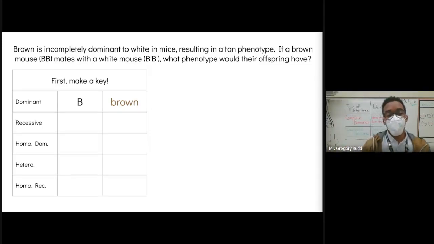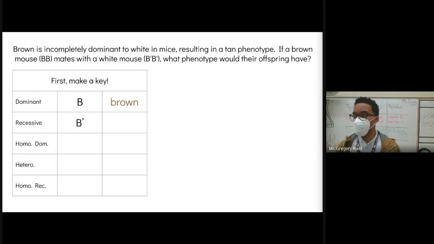Okay, so we still are using the letter B. Let's look. If we're looking here, the white mouse represents the recessive. So in this case, the recessive allele would be with an apostrophe. And that B prime gives us which trait, Tay?